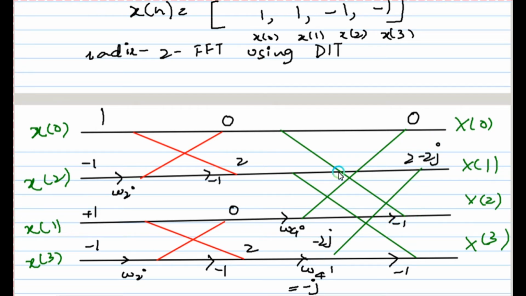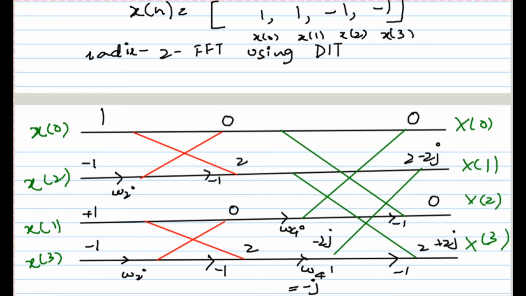Similarly here you have 0, and then W40 multiplied by 0, again 0. The last term is 2 here, and we have a minus 2j times minus 1, that becomes plus 2j, so we have 2 plus 2j. So this is my final answer.